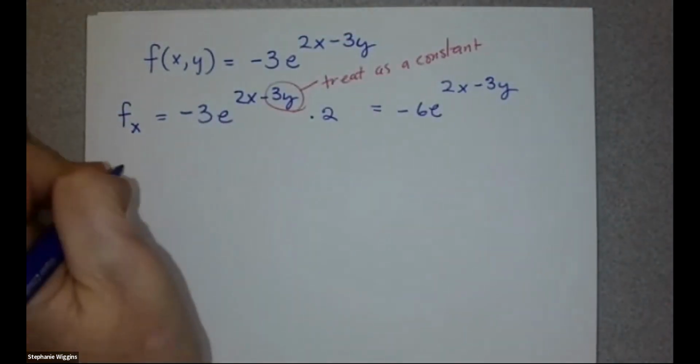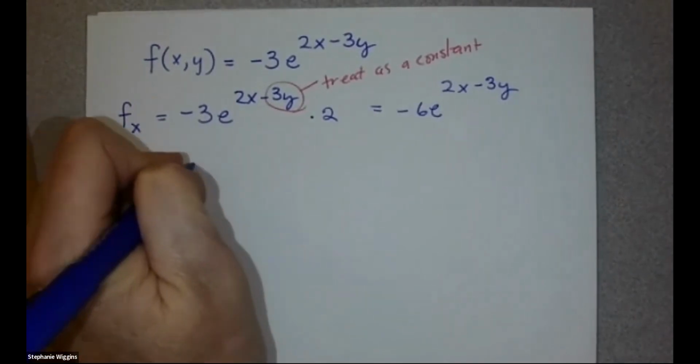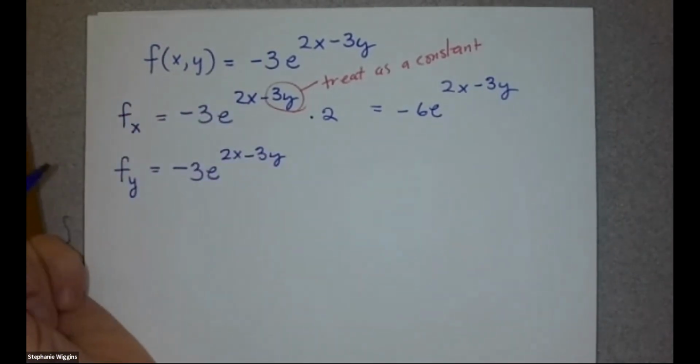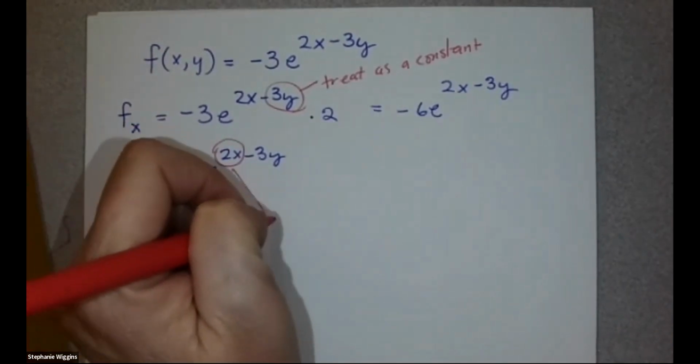Now, the second time around, we're going to differentiate with respect to y. So we copy what we see. Then we multiply by the derivative of the exponent, but this time we treat the x as a constant.